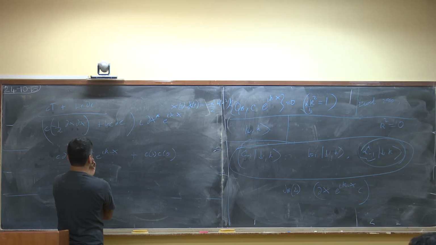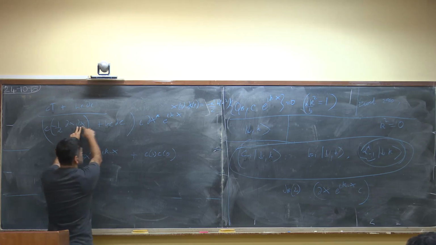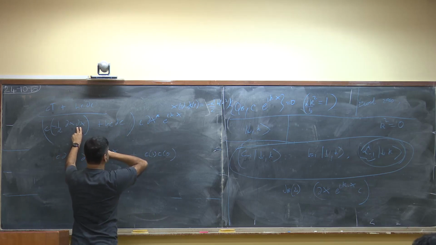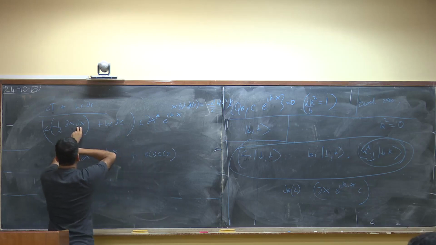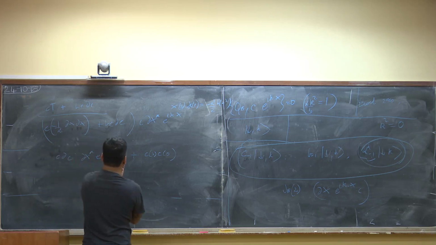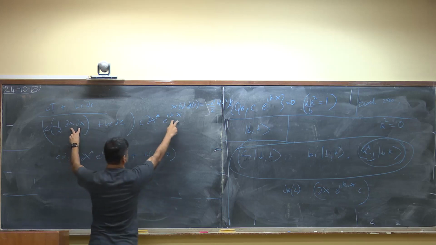Let's see. One of the terms is when this guy hits this guy. That gives a 1 by z square. And one of the terms is when two of these hit this guy.